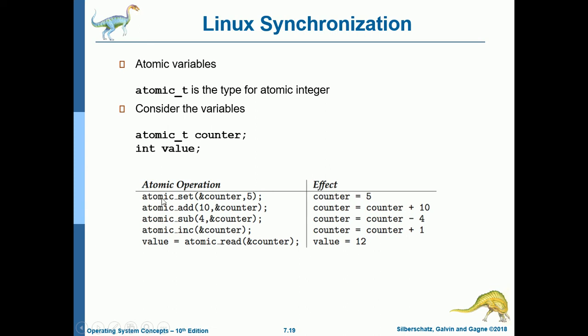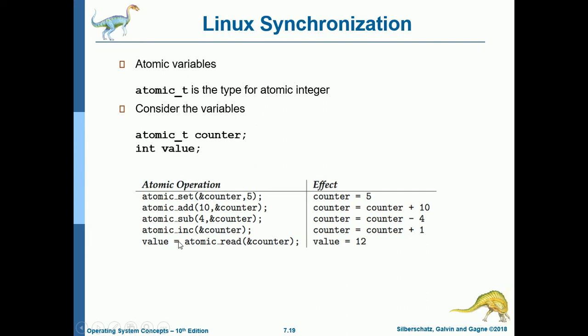atomic_set(&counter, 5) sets counter to 5. Then we add 10 to the counter, subtract 4 from the counter, and then increment the counter by 1.